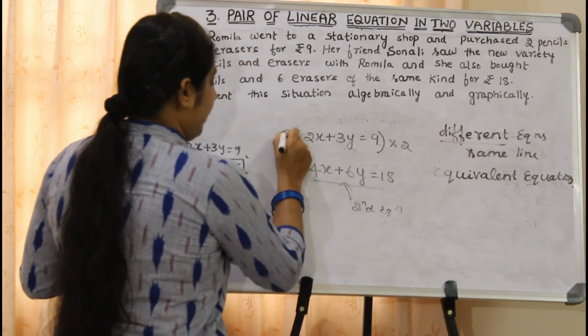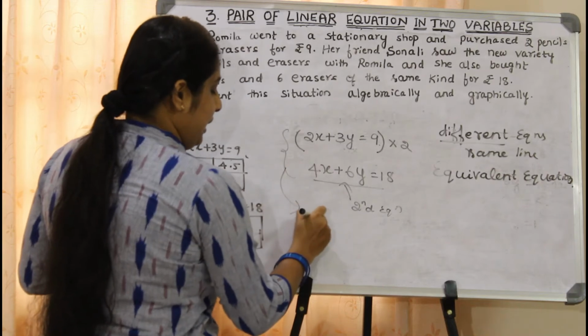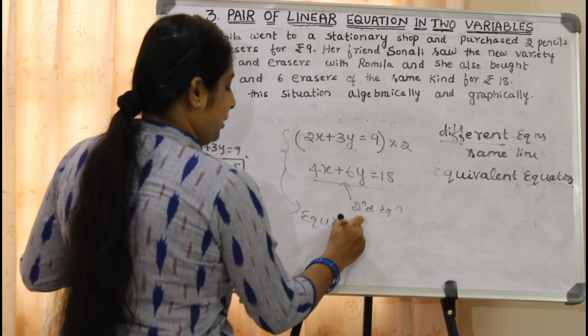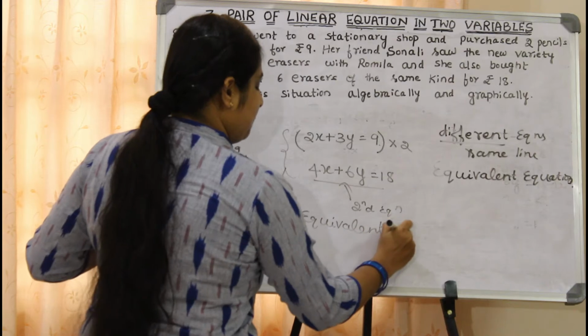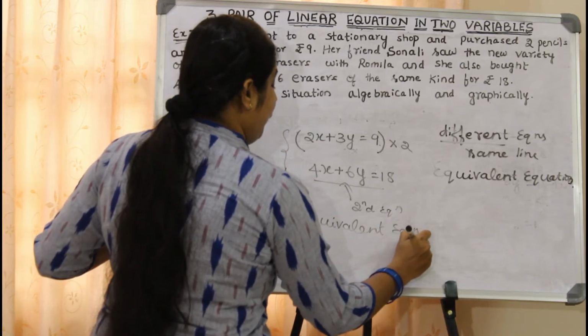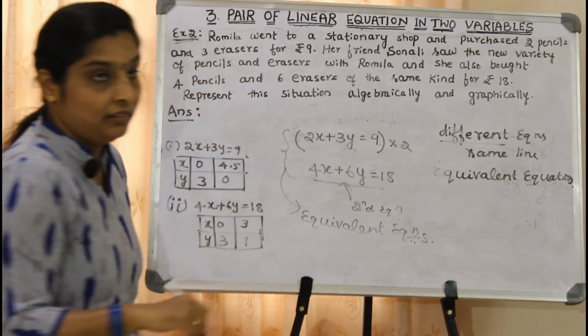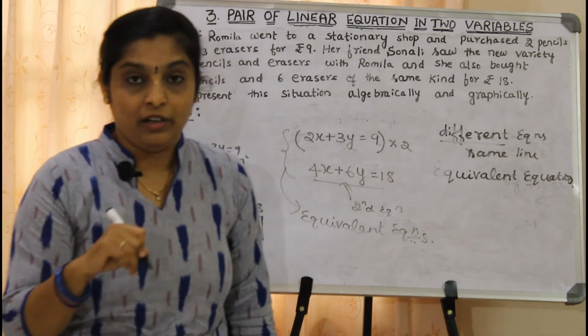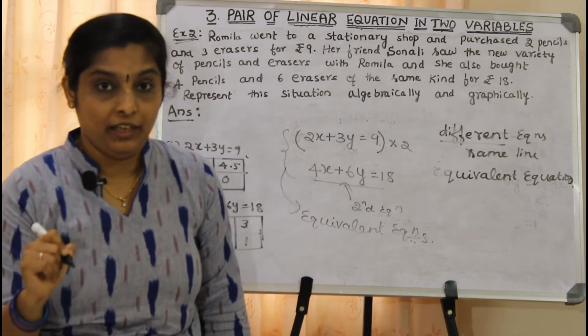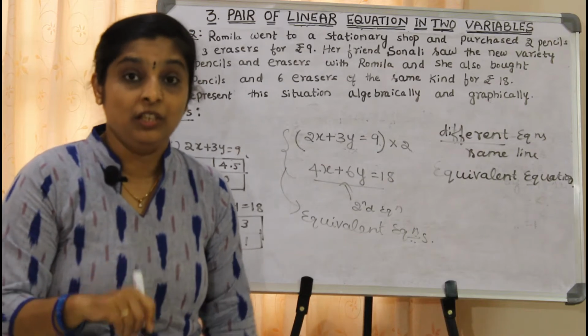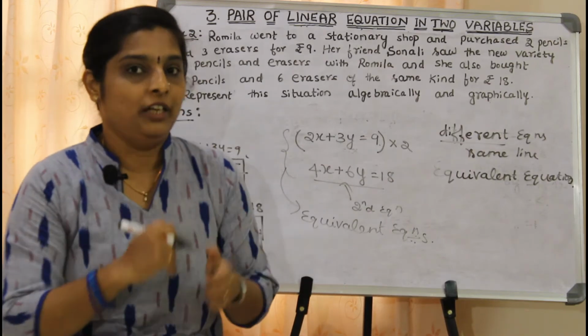So these two are called equivalent equations. They are actually not different equations, they are the same equation. They all represent the same straight line, but the same equation represented in a different way.